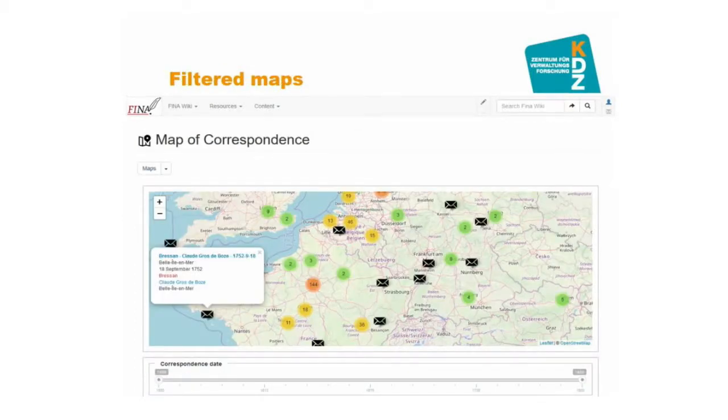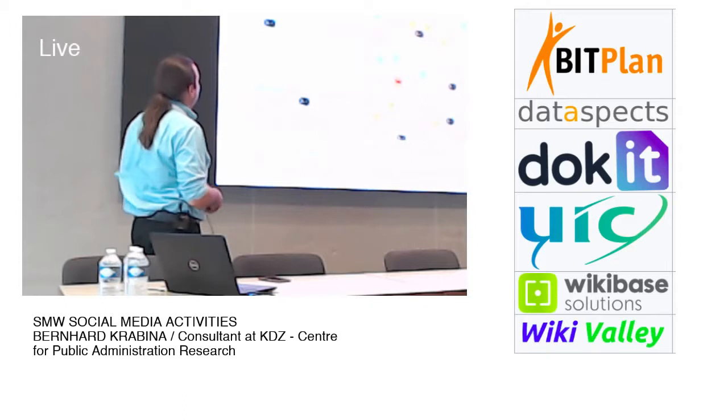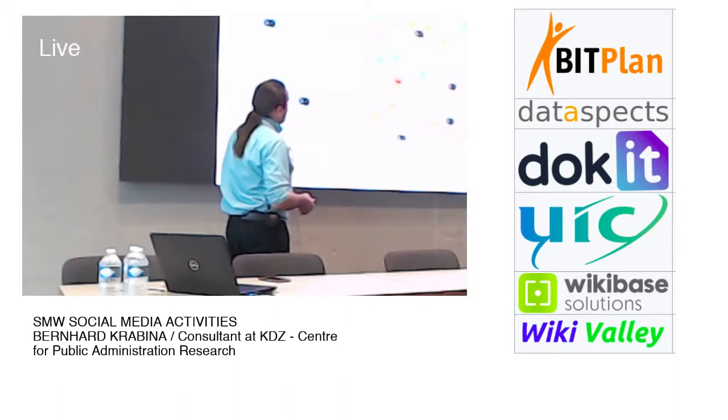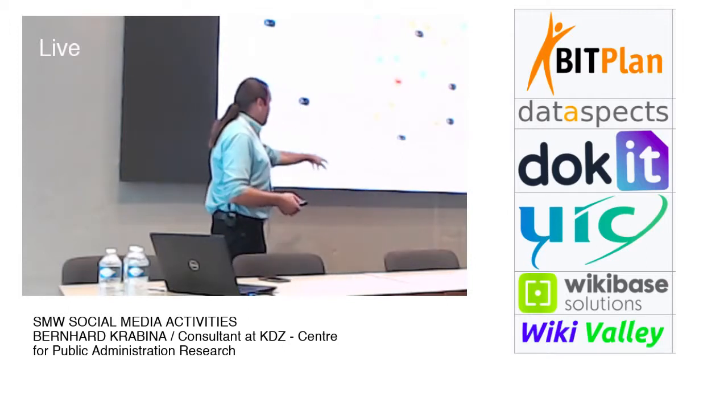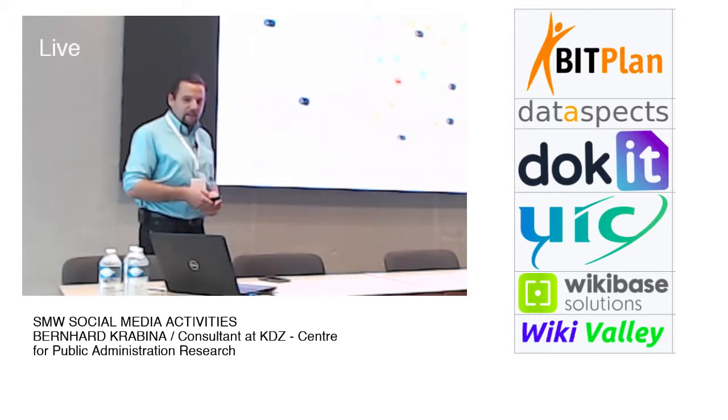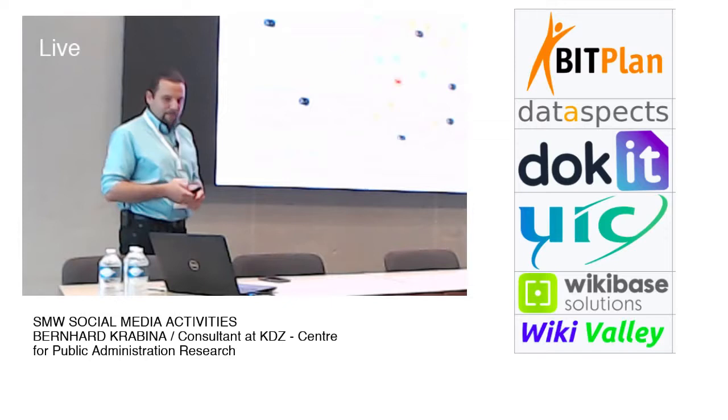We have filtered maps. Again, this is the filtered result format, because you can have a table view or a maps view, and you can see where this correspondence happens, and you can filter with the correspondence date. Makes a nice interactive map.